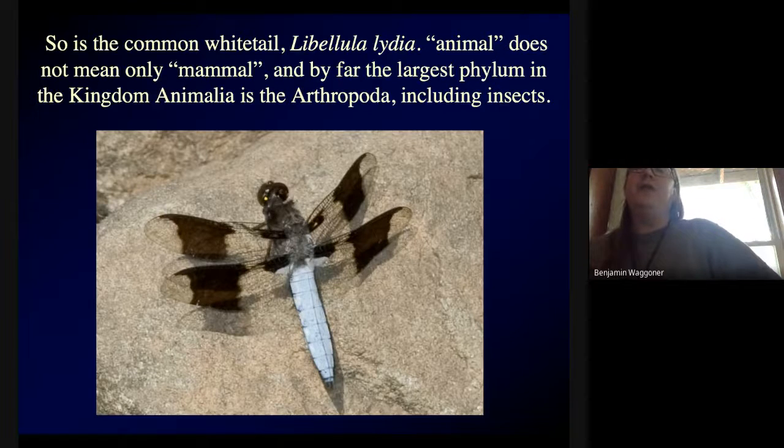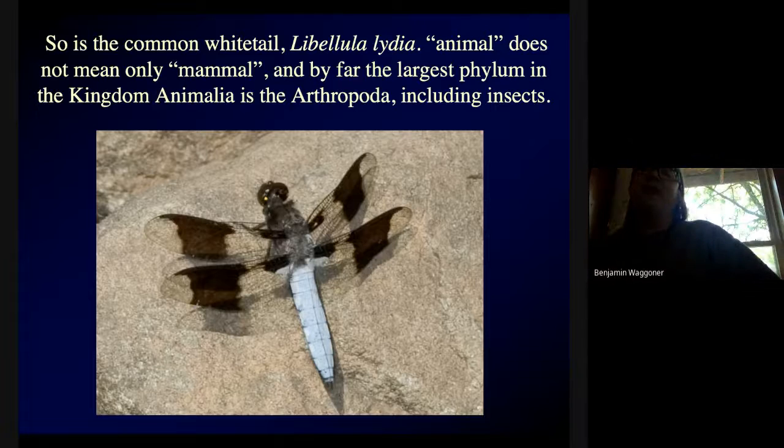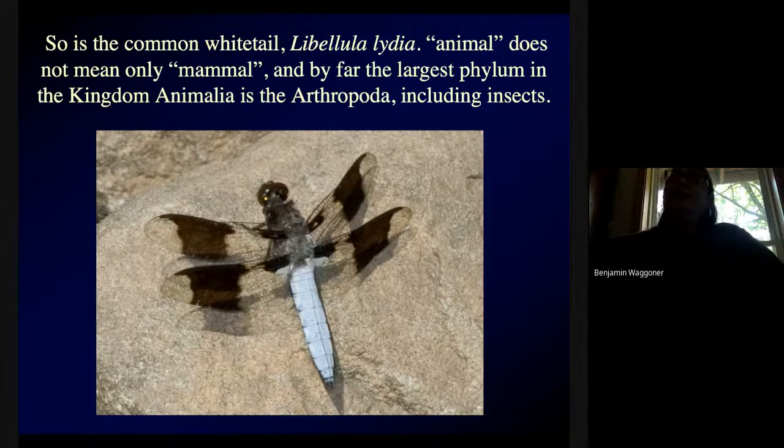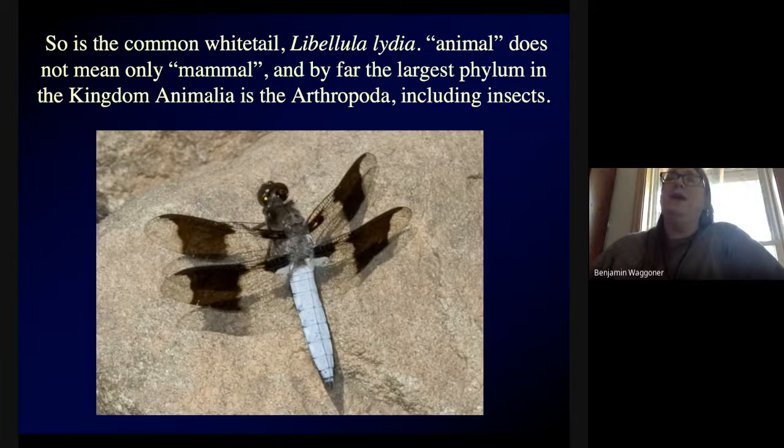All those things that have lots of legs that have joints in them are in the kingdom Animalia. And I'm saying this because I've had students before that didn't realize that animal includes lots of things other than the familiar mammals that you know. In fact, the great majority of animals are arthropods, bugs, basically.